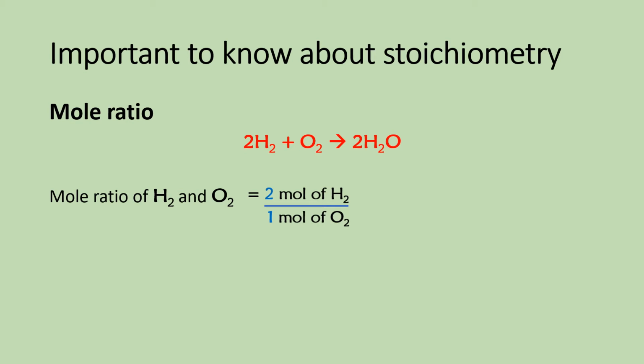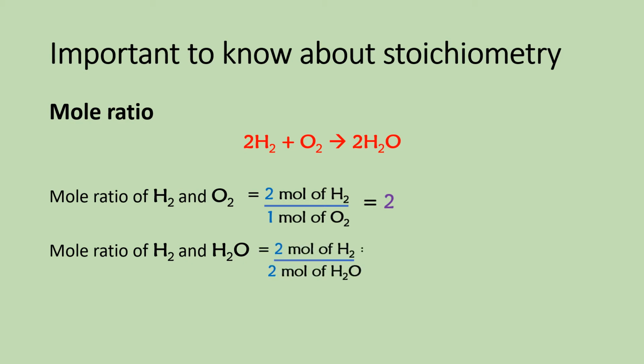If you cancel out the extra stuff, 2 over 1, you'll get a mole ratio of 2, which you don't always have to do. We use the first part: for every 2 moles of hydrogen, we use 1 mole of oxygen. Now, if we are trying to find the mole ratio of hydrogen and water, same thing, look at your equation, and the equation tells you that for 2 moles of hydrogen, we are getting 2 moles of water in the product.